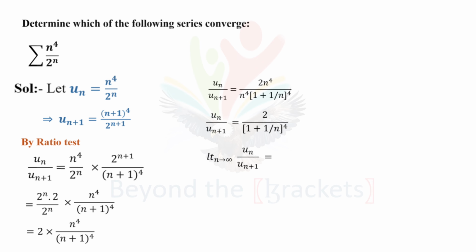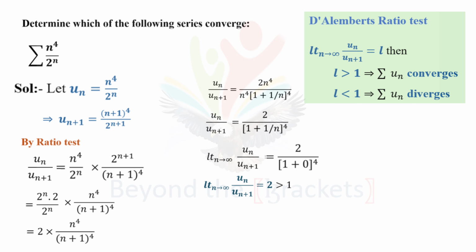Taking limit as n tends to infinity, 1 by n will tend to 0. So the expression becomes 2 divided by 1 plus 0 power 4, which is 2. The limit obtained here is 2, which is greater than 1. So by ratio test, the given series is convergent.